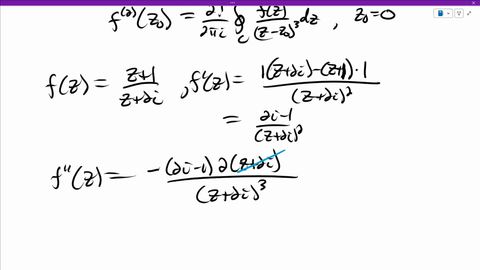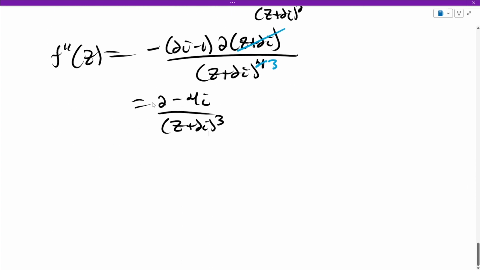And so I think that, or sorry, squared is to the fourth, my bad. So I think then we have a cubed in the denominator. And we get negative 4i plus 2, so 2 minus 4i over (z plus 2i) cubed. All right, whew. So what we're going to be doing here is plugging in 0, because our z naught here is 0.